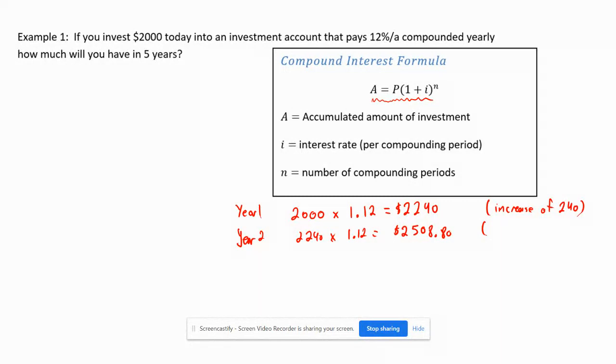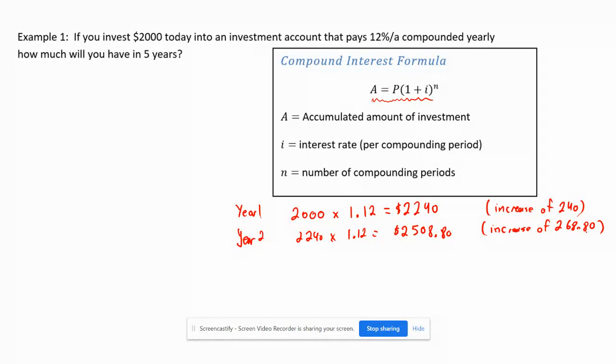Hopefully what we're seeing is an increase of 268.80. In the first year we made $240 in interest, but in the second year we made $268 of interest.